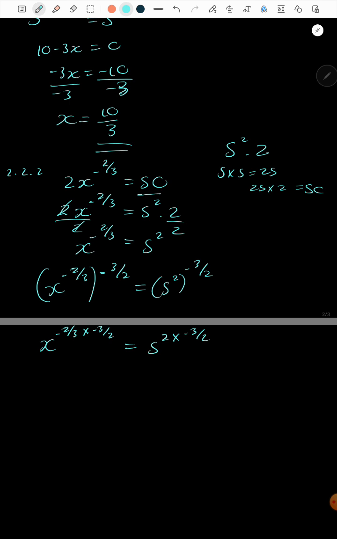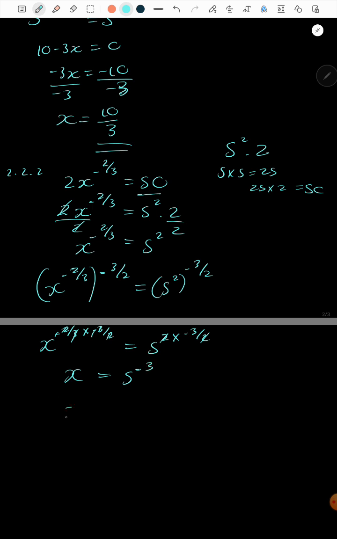And then what is it that can happen here? That negative 2 is going to cancel with that 2, and that negative is going to cancel, and also the 3 is going to cancel with that 3. Then we are left with x on this side being equal to, and the 2 is going to cancel with that 2, we are left with 5 to the power negative 3.